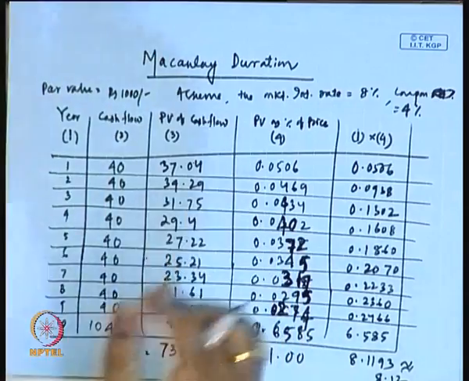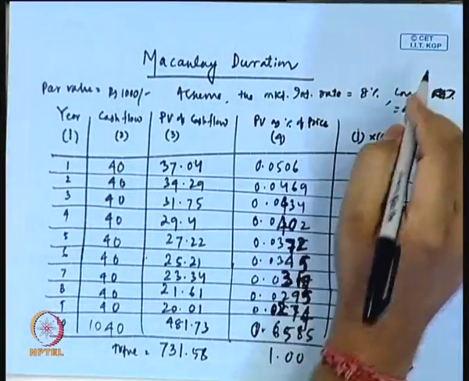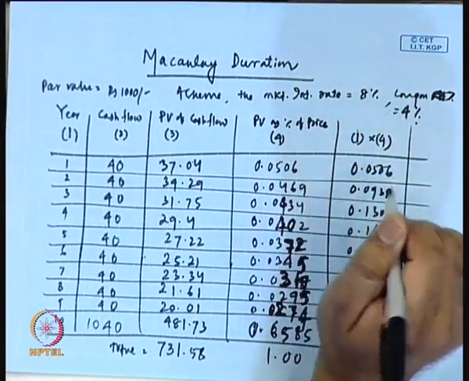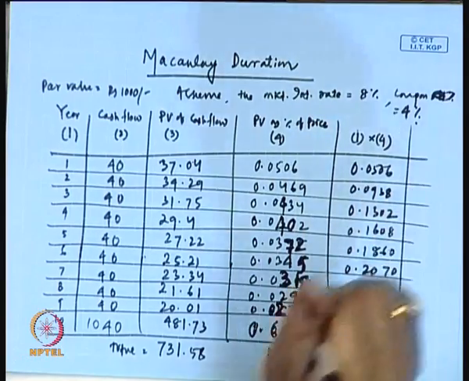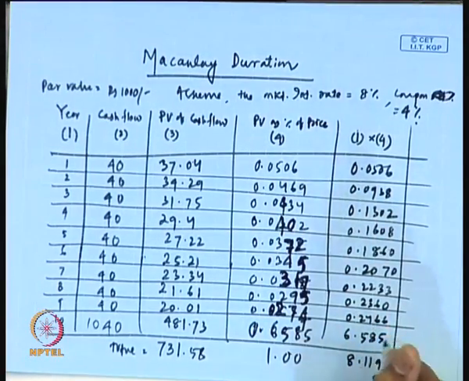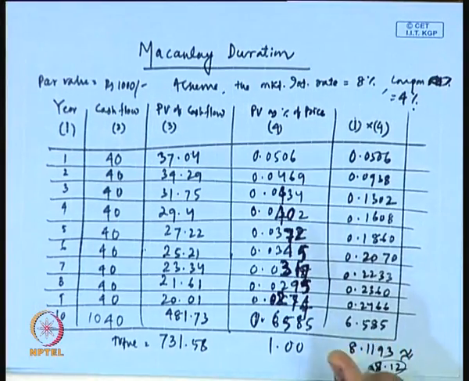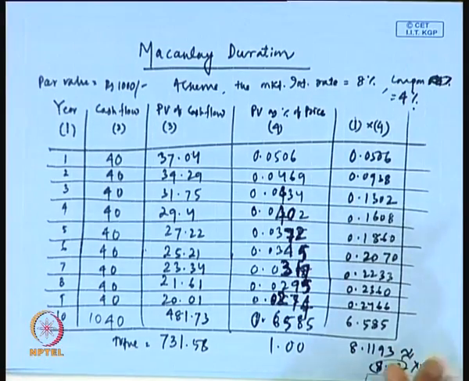The duration of the 10 years term to maturity, with coupon 4% and interest rate 8%, will be 8.12, and it is represented in years.